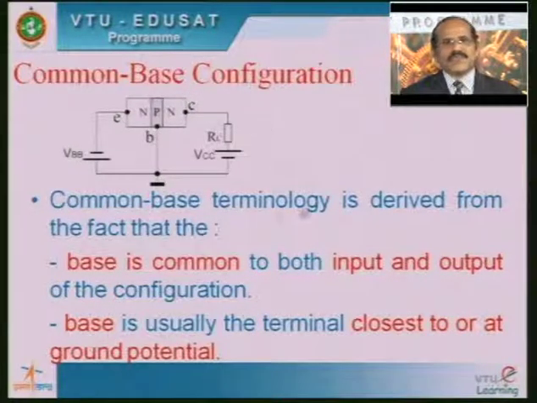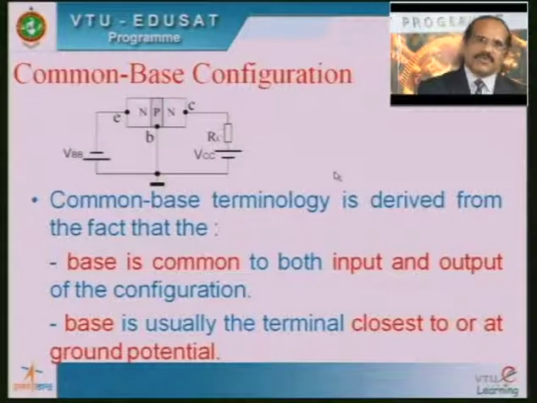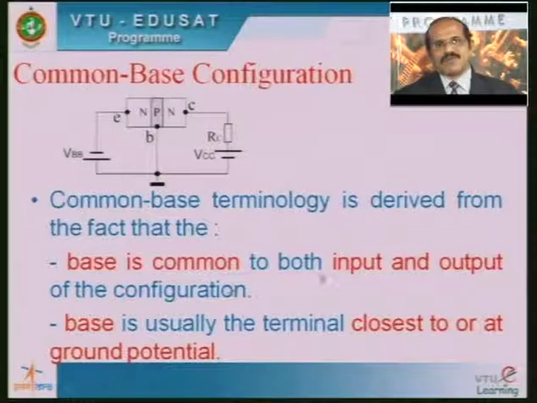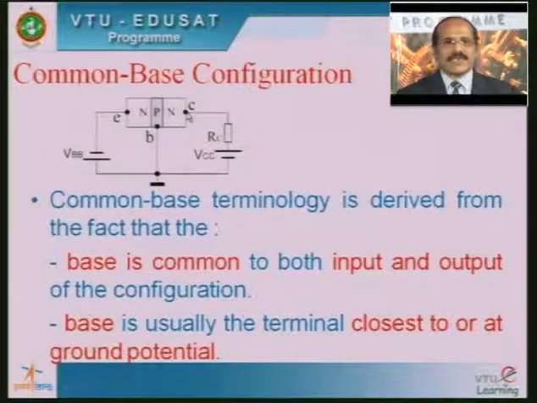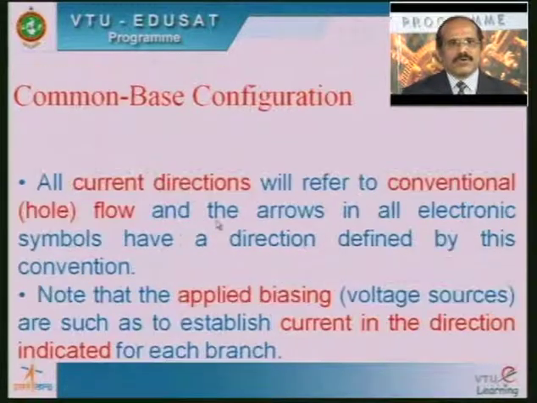Please note that in the common base configuration of the BJT, the base is common to both input and output. Input here is the emitter and output is the collector. The base is usually the terminal closest to or at ground potential, which is why the base is maintained at ground potential here.